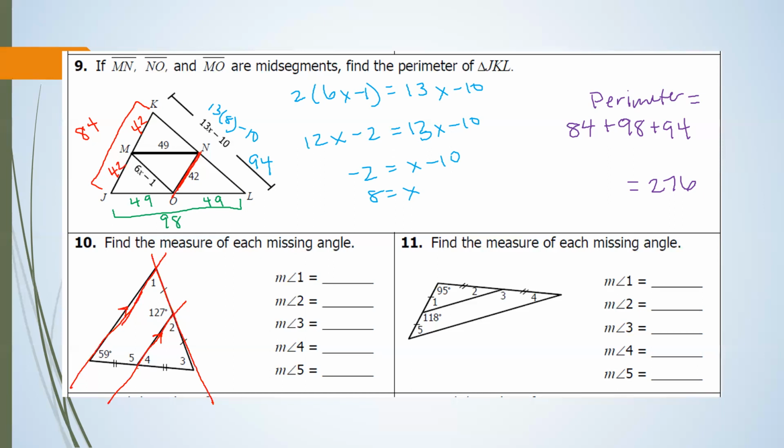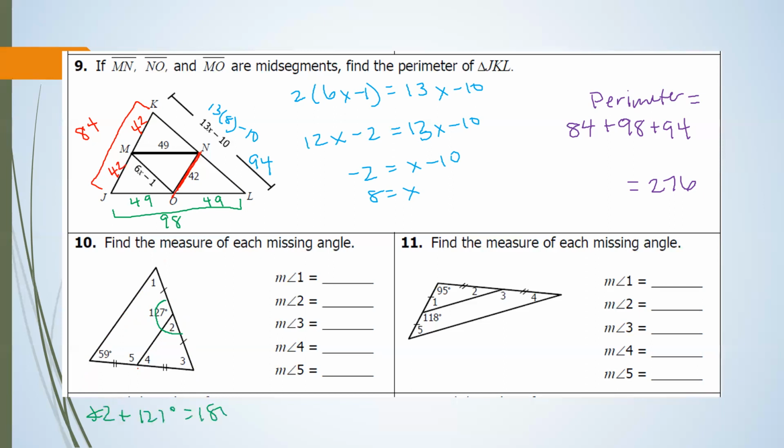So looking here, I can tell that angle 1 and angle 2 are going to be congruent. Whatever they are, angle 1 and angle 2 are going to be congruent. And, well, I also see a linear pair. Remember, a linear pair are two angles that together make a line. So right here, angle 2 and 127 form a line.